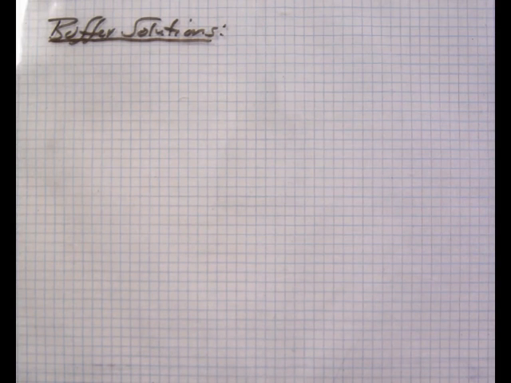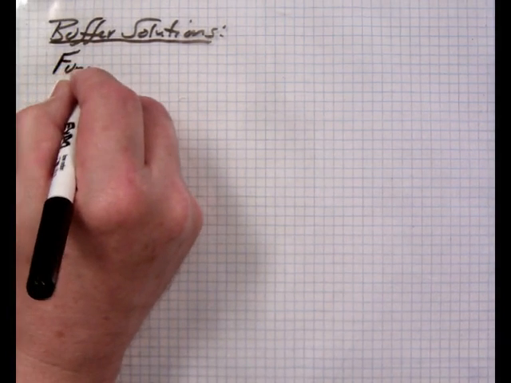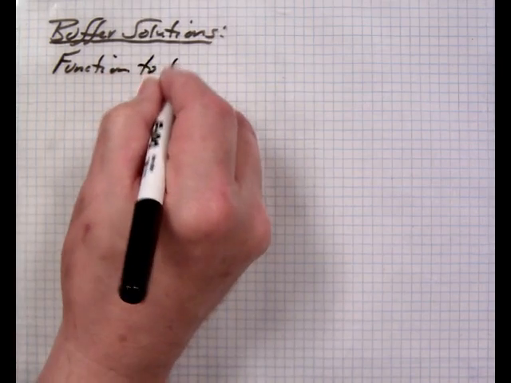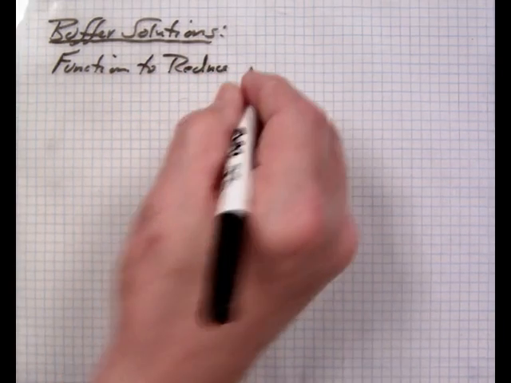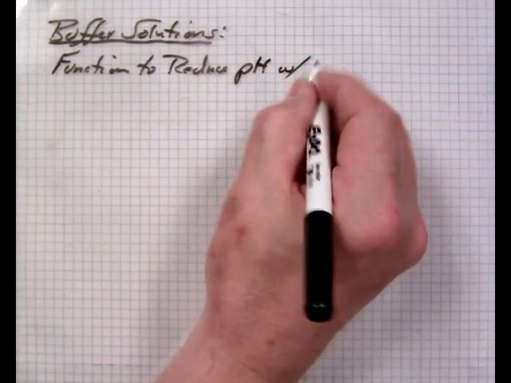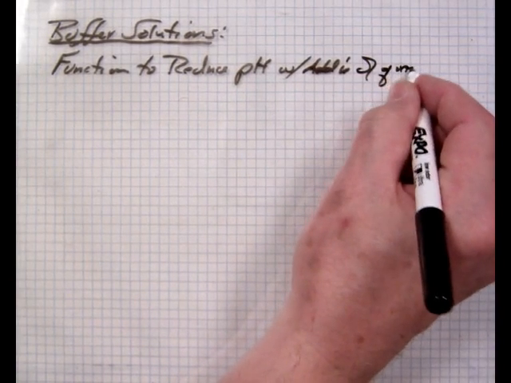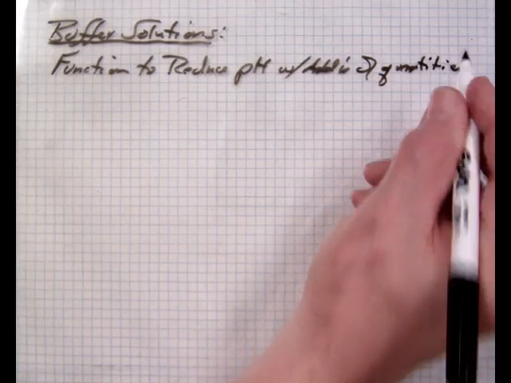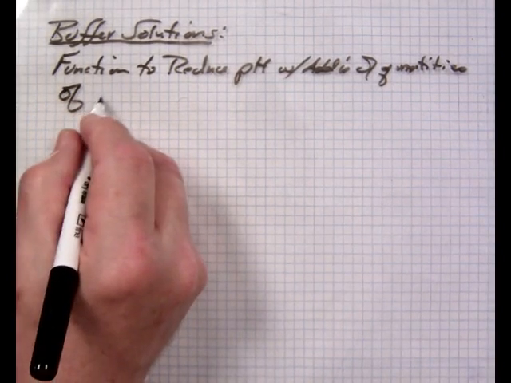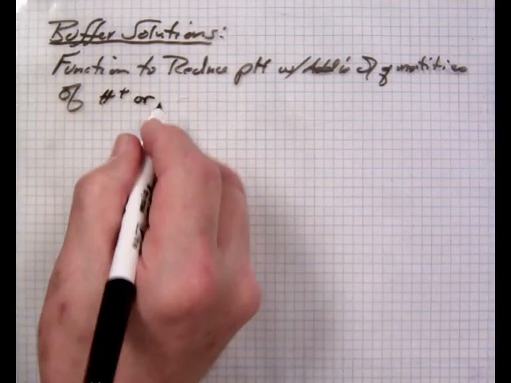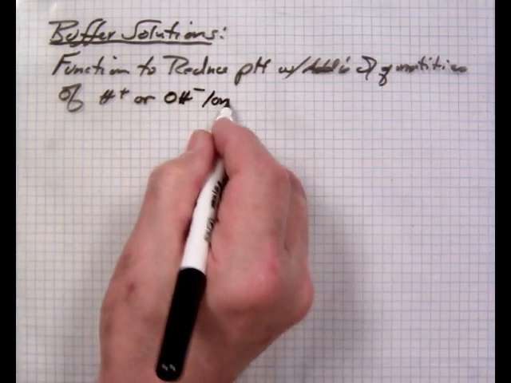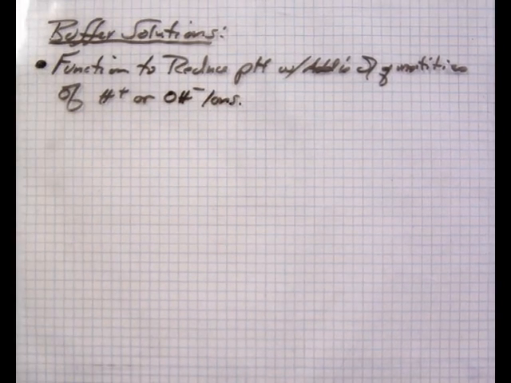Okay, buffer systems function to reduce the changes in pH when acid and base are added to the solution. So that is the primary function.